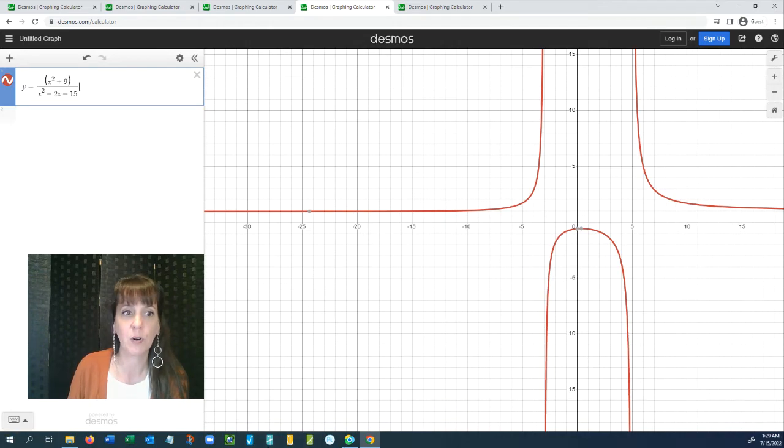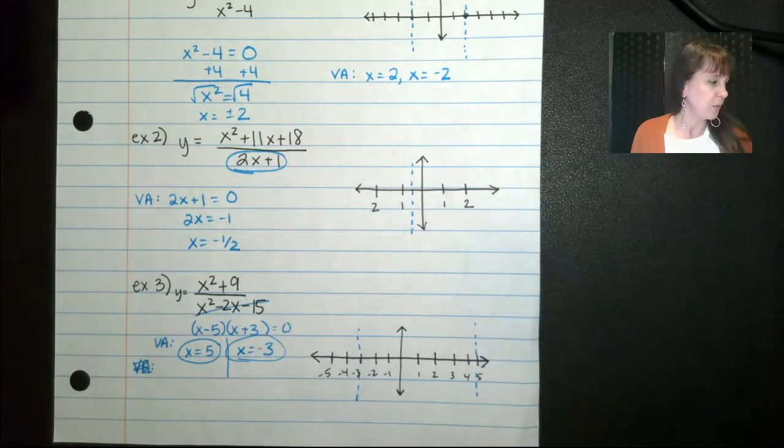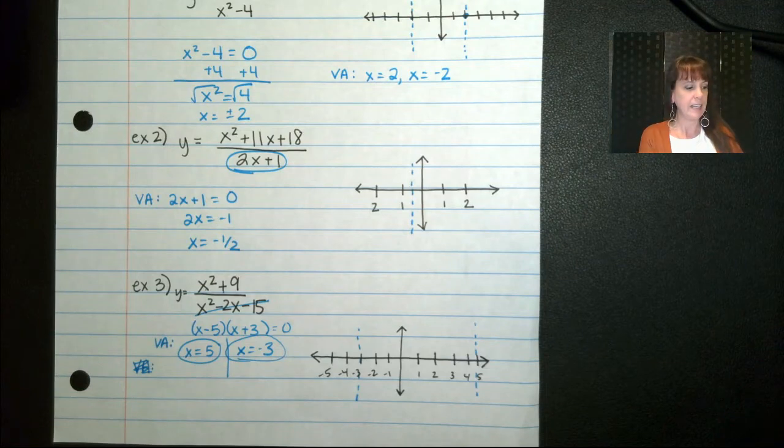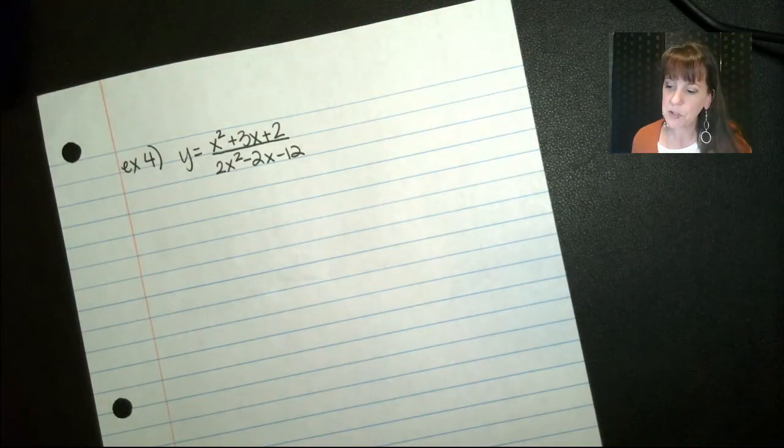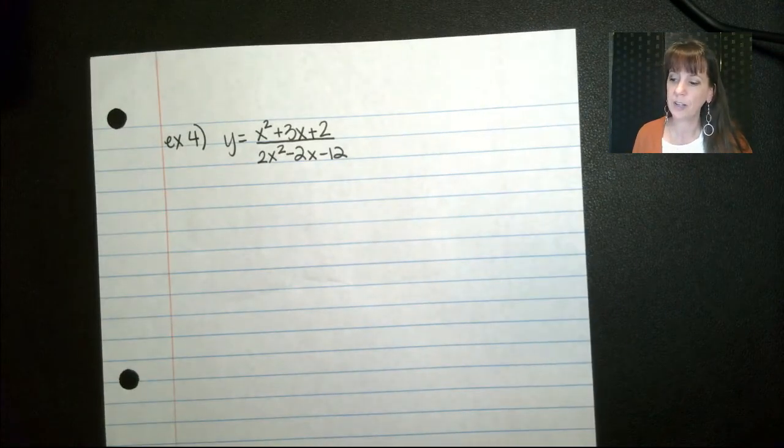Okay, let's do one more and then we'll call it good here. So we've got y equals x squared plus 3x plus 2 over 2x squared minus x minus 6. We've got to factor this.